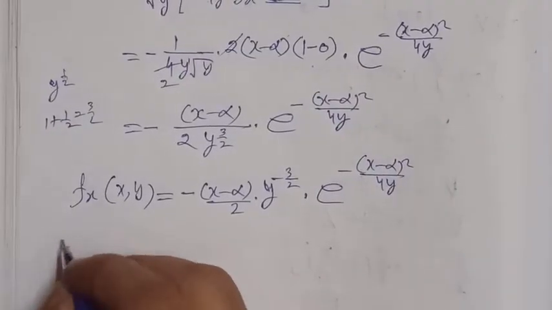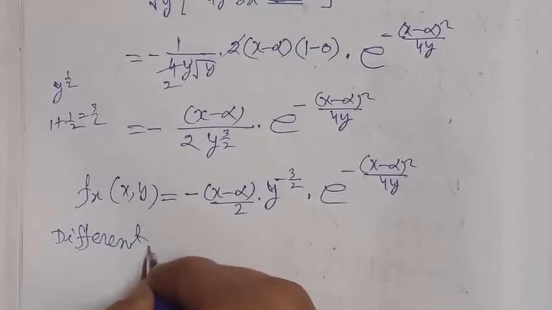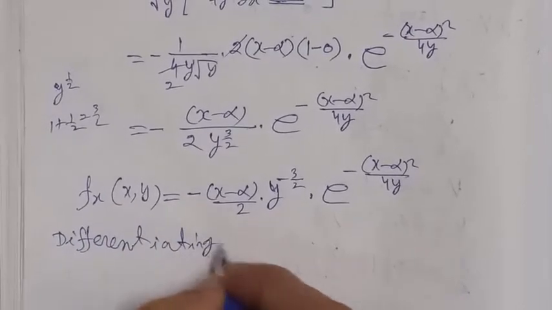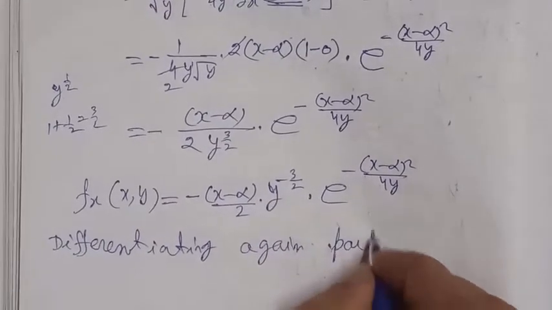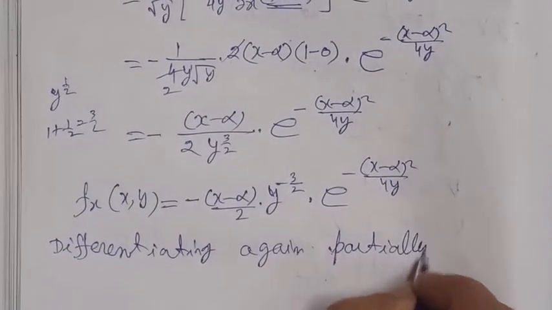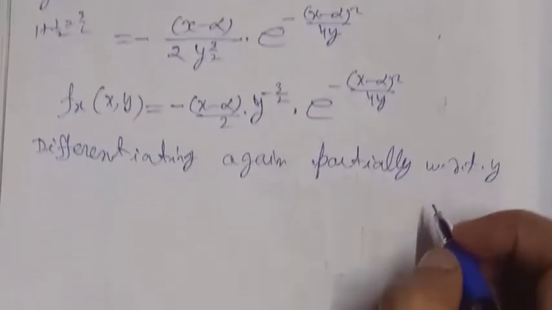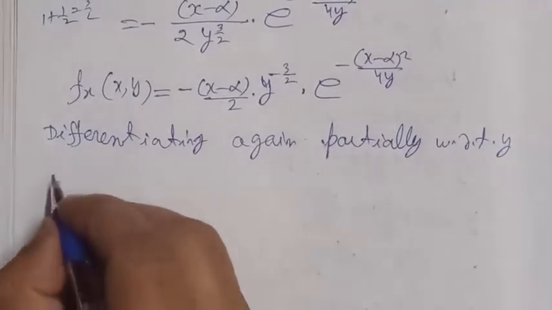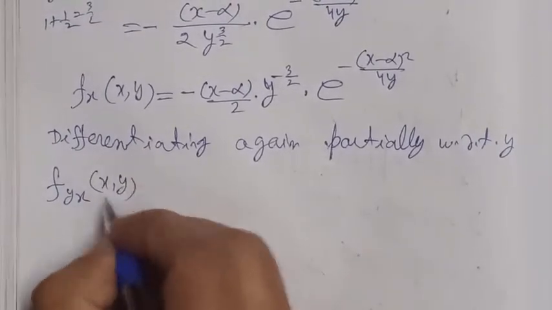Now differentiating again partially with respect to y, we get f_yx(x, y).